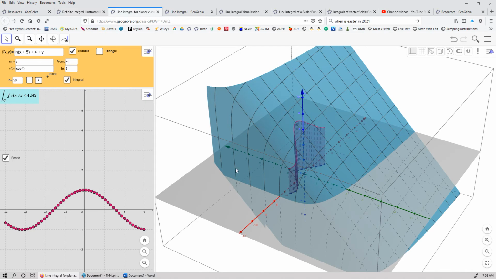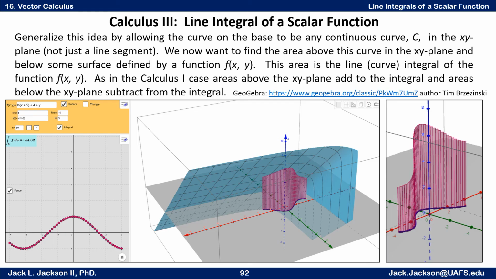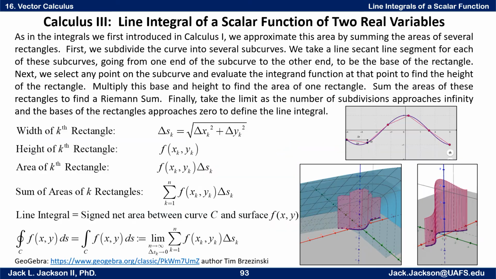All right, so one way we can see this is to parameterize things. If we parameterize this, just let x be t, then of course x is t, and y is just cosine of t, and we could get that surface also in terms of t. Now, how will we go about approximating this?